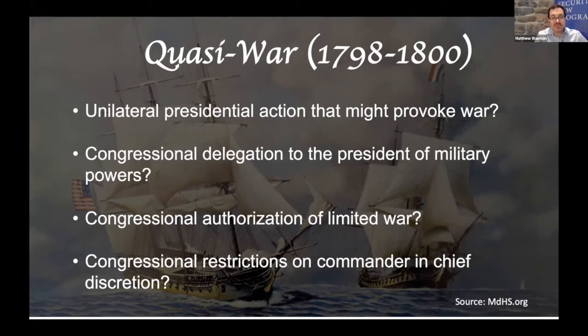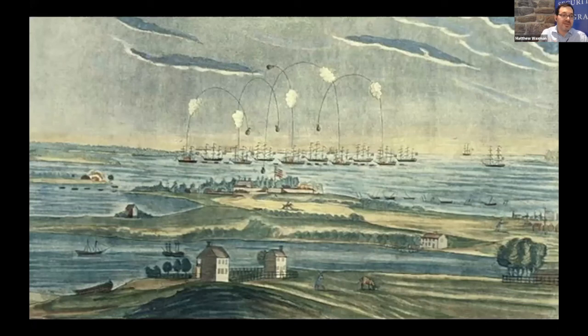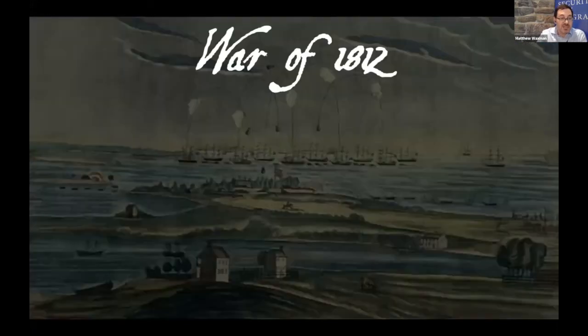I'll talk next about the second major test in practice, the War of 1812. This is a picture of the rockets' red glare over Fort McHenry in 1814. The War of 1812 was our first major declared war. It's sometimes called the Second War of Independence or Madison's War.